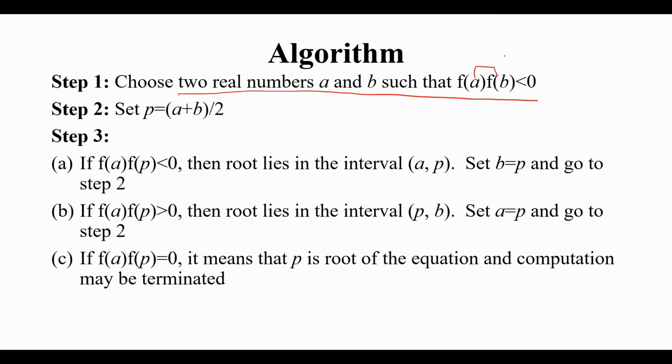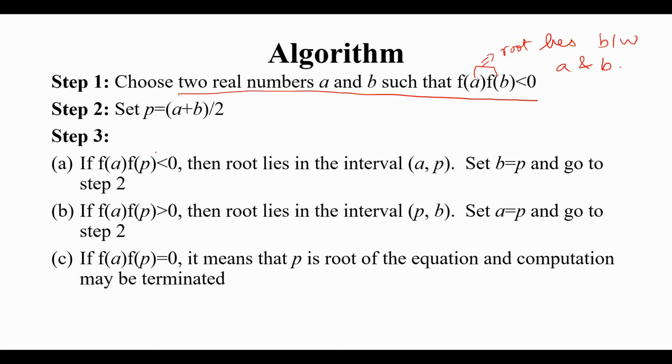Then next, you will set p is equal to a plus b divided by 2, as I have shown you in the figure also, how you shorten the length to find the root.